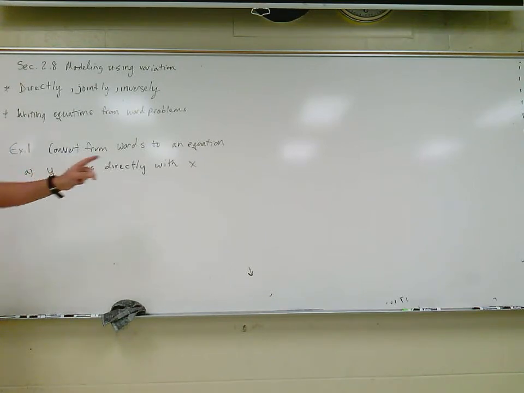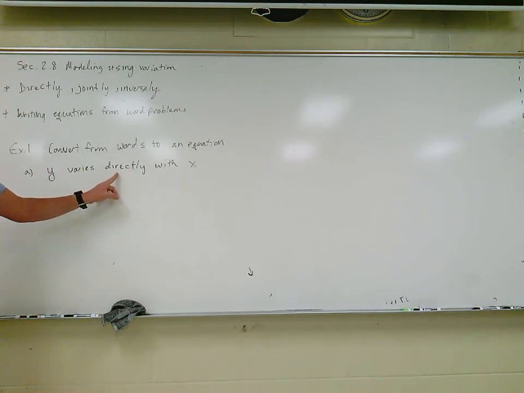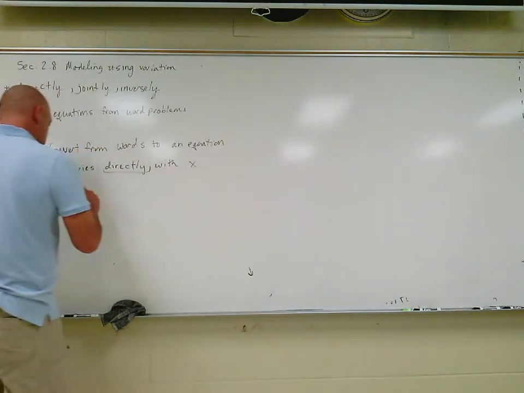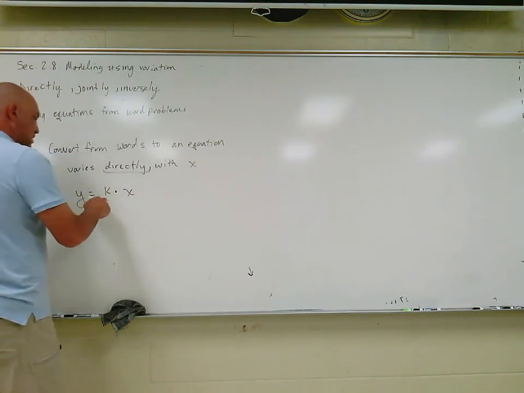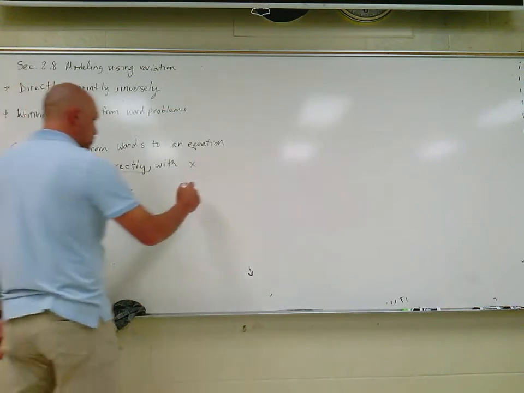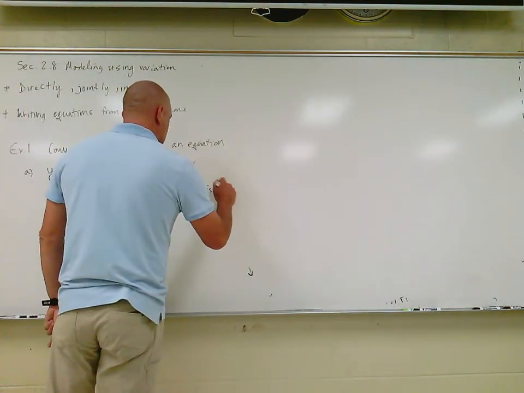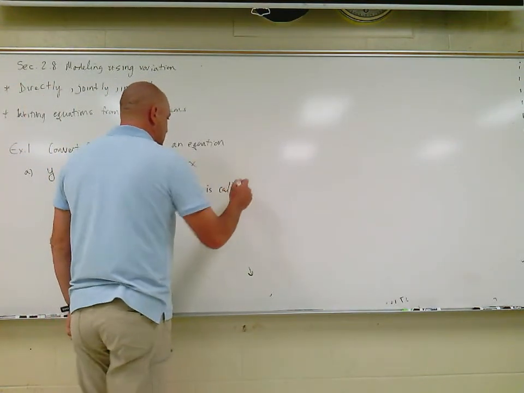But really, when I see the word directly, I'm going to write an unknown constant, called the constant of proportionality, times x. So my equation will look like this: y equals k times x. This k is called your constant of proportionality, and I'll show you why we might need that.